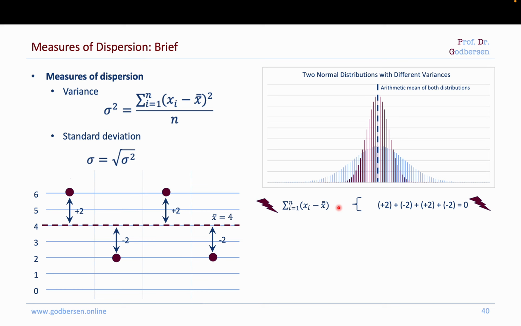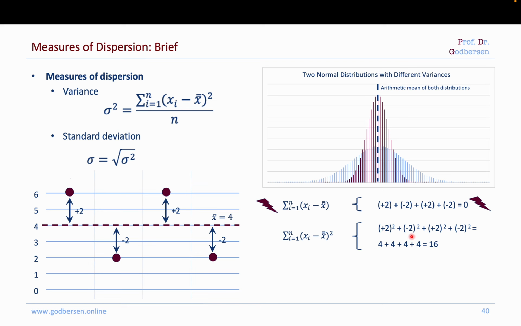But there's a trick in mathematics, and that is minus times minus equals plus. So we simply square this difference. We still have the difference of the measured value, xi, and the average value, and we square this. In our case, it is plus 2 to the power of 2, or plus 2 times plus 2, is 4.